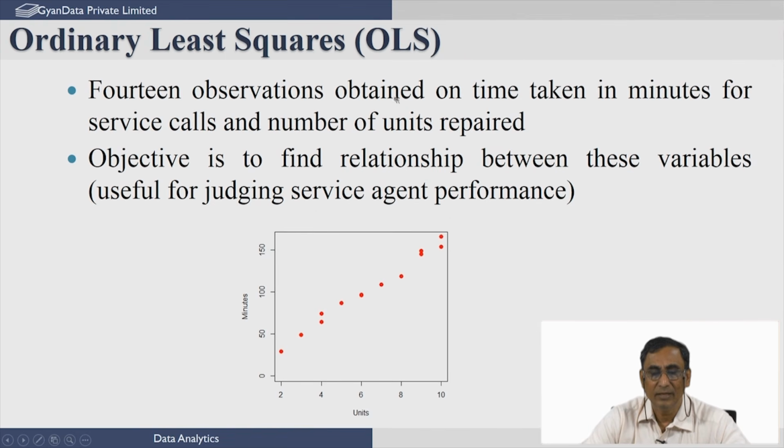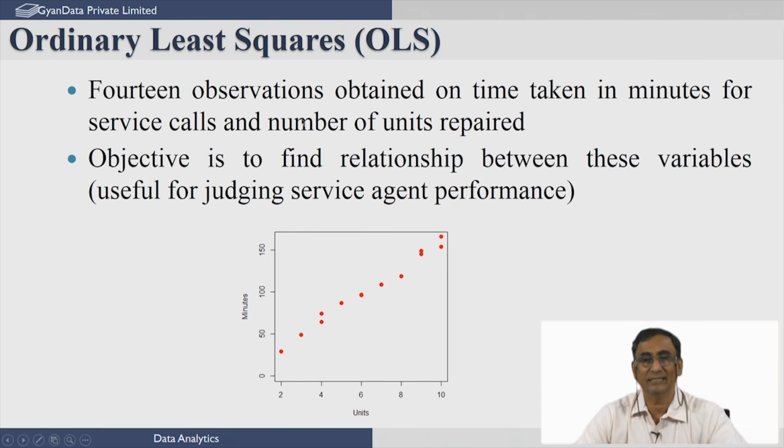So, let us assume that every day the service agent goes out on his rounds and notes the total amount of time he has actually spent and reports to his boss, at the end of the day, the number of units that he or she has repaired. Let us say that there are several such agents roaming around the city, and each of them comes back and reports. Let us say there are 14 such data points, of the same person or multiple persons, that you have gathered.